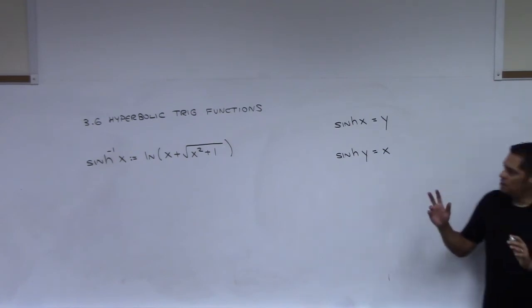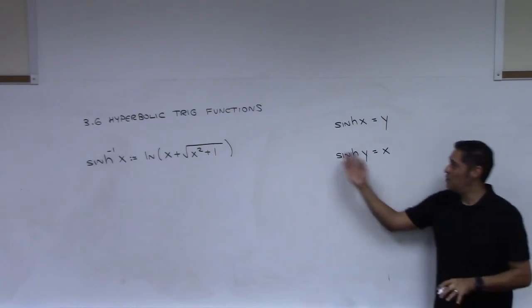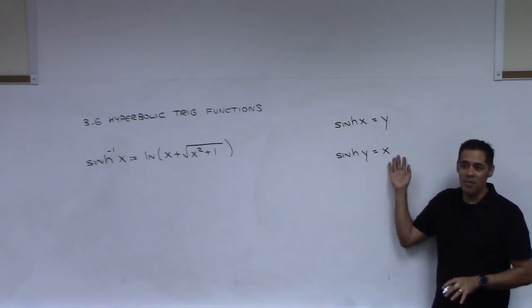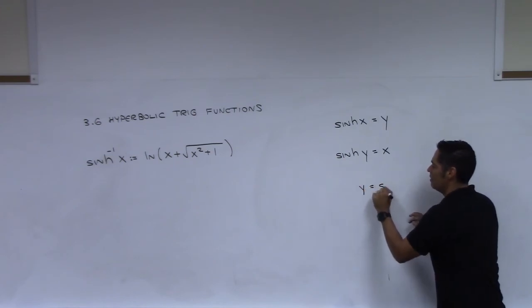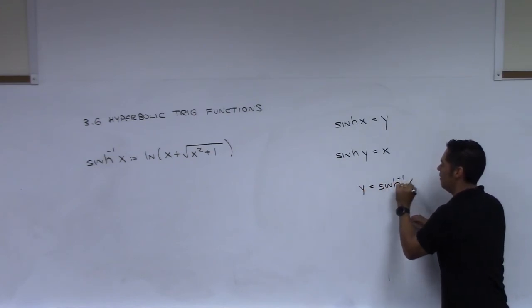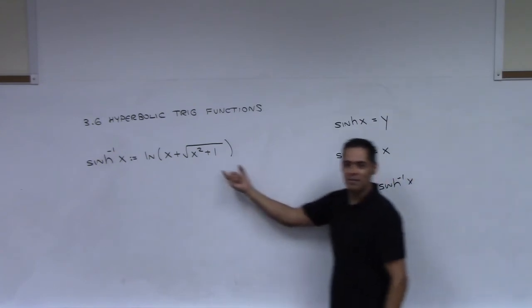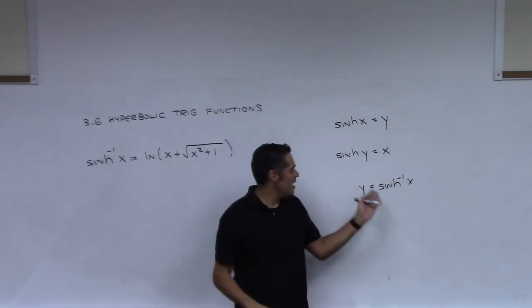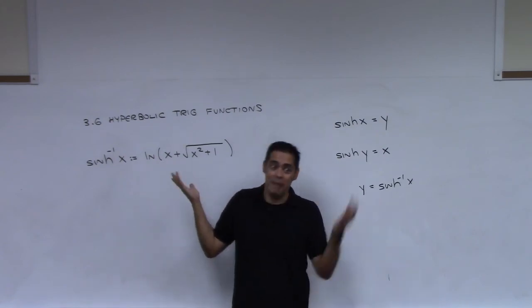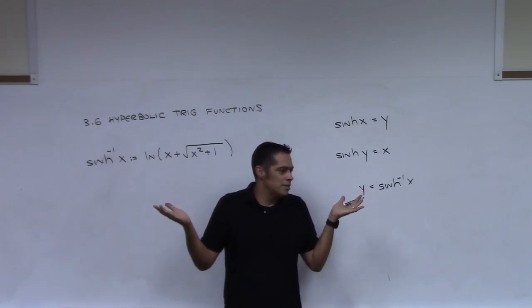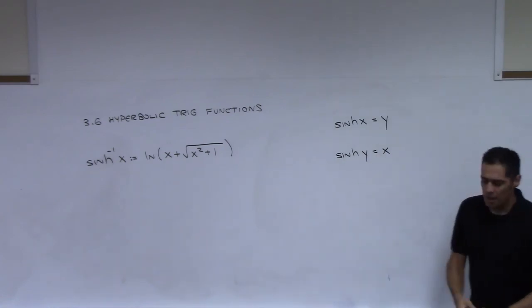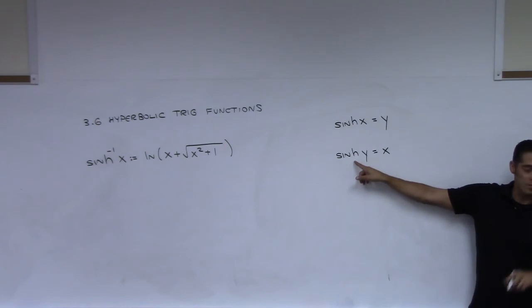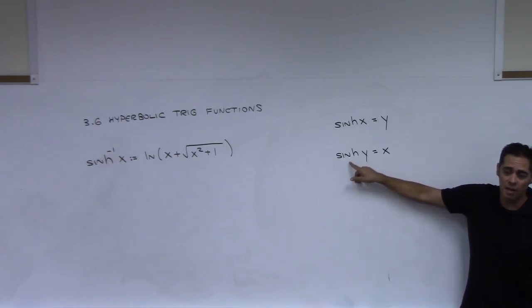Okay, so there's two things we could do here. You could do arcsine hyperbolic on both sides, but the problem with that is what would you get? Y is equal to sine hyperbolic inverse of x, and that does not show me that it's equal to that. It just says y is the inverse hyperbolic trig function, whatever it is, right? So this doesn't quite get us there. So the way you can do it is by rewriting this side of the equation using the definition of sine hyperbolic.